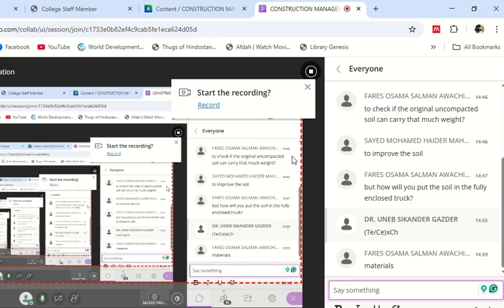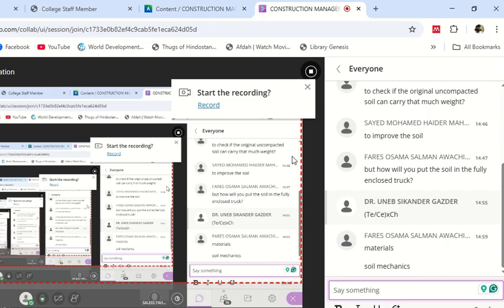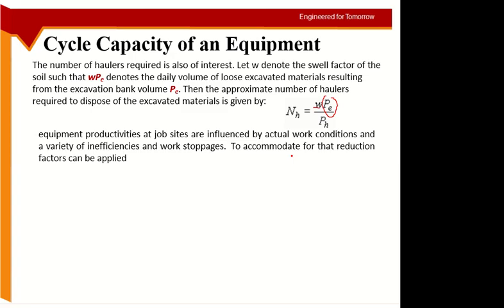Where else? Soil mechanics, okay. You may have used it in quantity as well, and in highway I'm pretty sure that we have used this. So these are the courses in which you should be familiar with it now.